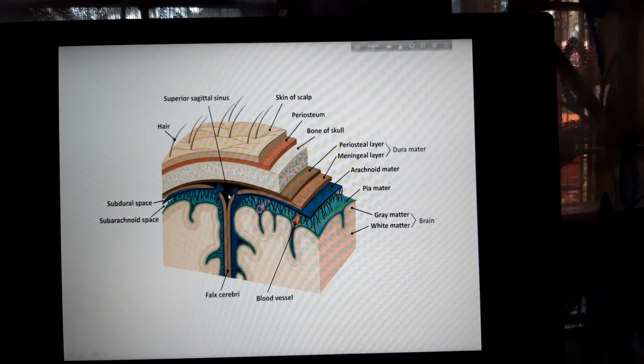This pia mater is joined with the inner side of the brain via 2 plexus cerebri. One is the anterior plexus, another is the ventral plexus.